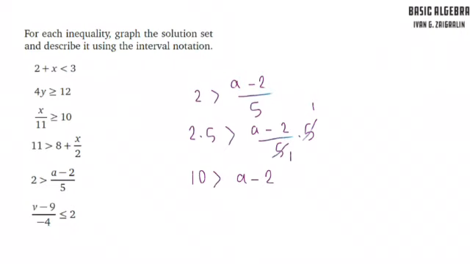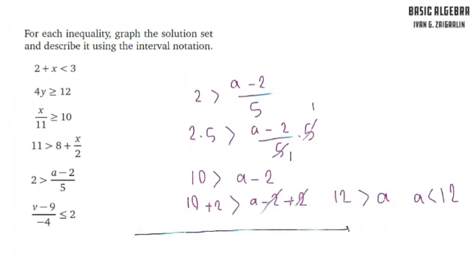so we add 2 to each side. 10 plus 2 is greater than a minus 2 plus 2, and this 2 goes with this negative 2, and the result is 12 is greater than a, or a is less than 12, and the solution set for this inequality is, this is 12, and the interval notation for this inequality is all the numbers that are less than 12.